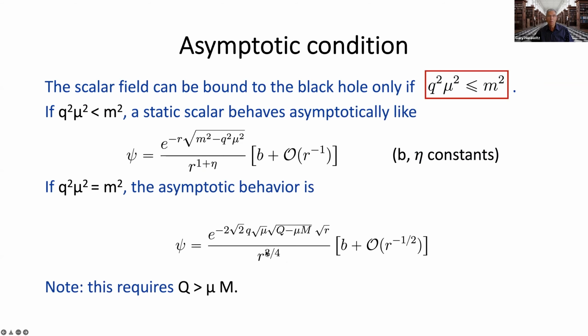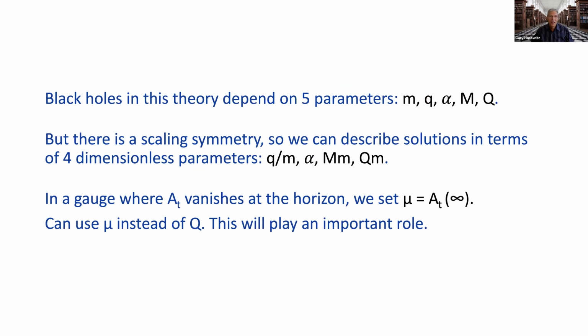Yeah, I forgot to mention black holes in this theory depend on 5 parameters. There are 3 parameters in the Lagrangian: the mass and charge of the scalar and this new coupling alpha, and then there's the usual mass and charge of the black hole. But there's an overall scaling symmetry. So you can describe the solutions in terms of 4 dimensionless parameters, which I'll take to be the charge to mass ratio of the scalar, this new coupling alpha, and then some dimensionless mass and charge of the black hole.